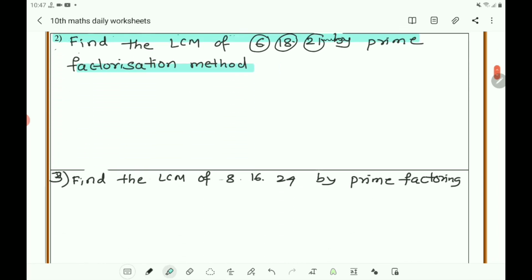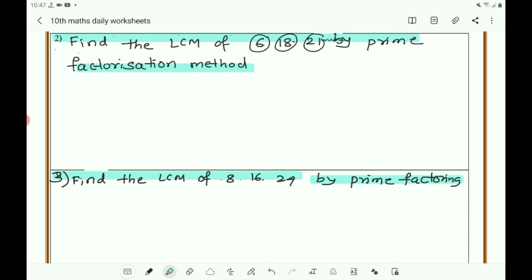Next, one more question. Find the LCM of 8, 16 and 24 by prime factorization. Children, here also first you find the prime factors. Divide by 2, 3, 5, 7 and so on. If it is divisible by 2, then only you divide by 2.